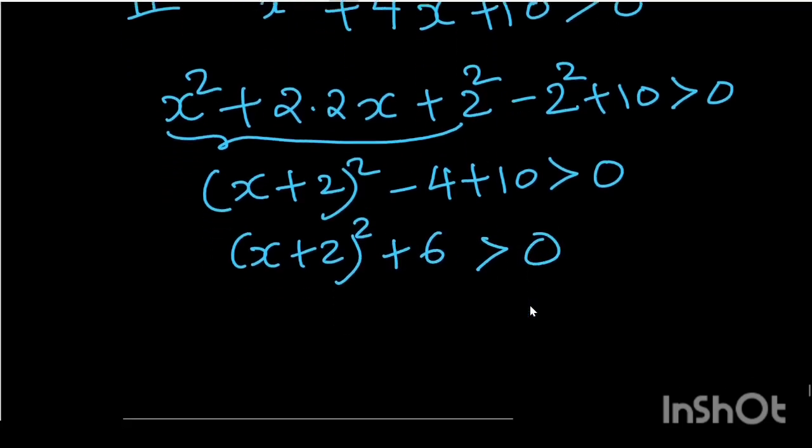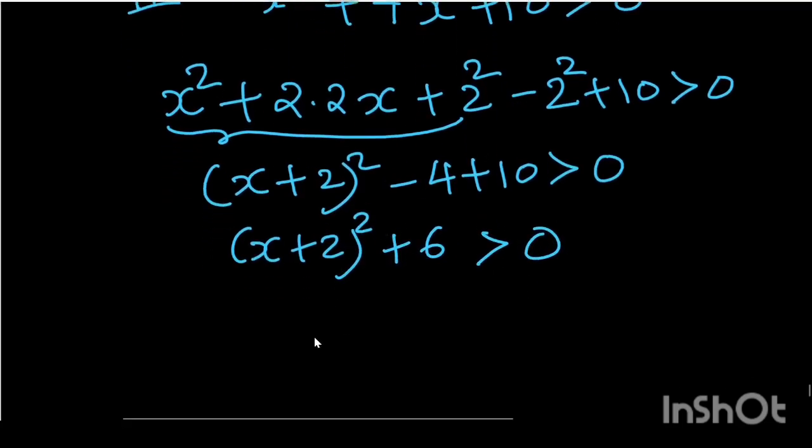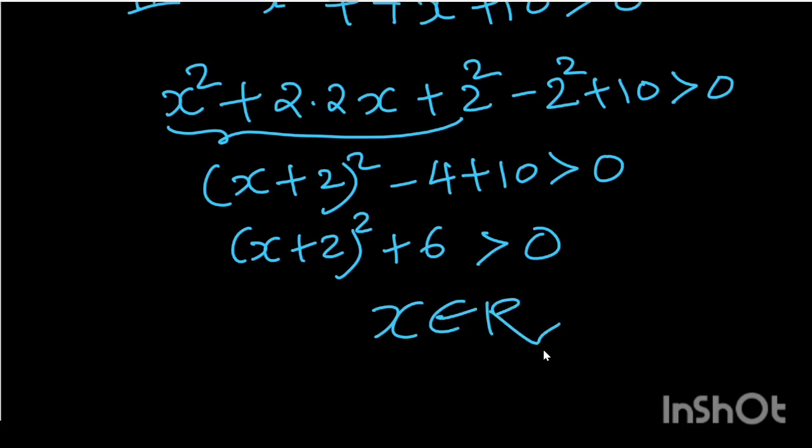As you can see from the reasoning that we did in the first example, x plus 2 whole square is positive, plus 6 positive, so this whole thing is positive, which is greater than 0 obviously. So x belongs to R is the answer.